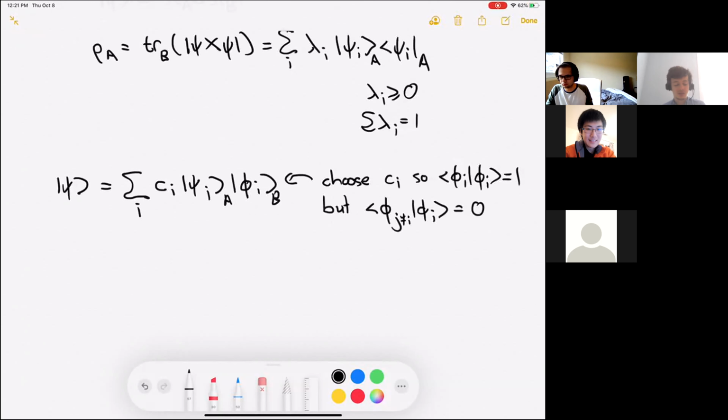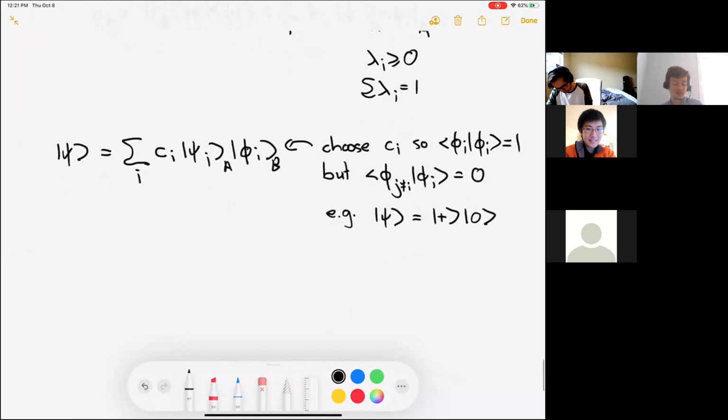Okay, so for example, we might have the state psi as the plus state times the 0 state. If we expand A in the computational basis, then that's 1 over square root 2, |0>|0>, plus 1 over square root 2, |1>|0>, right?